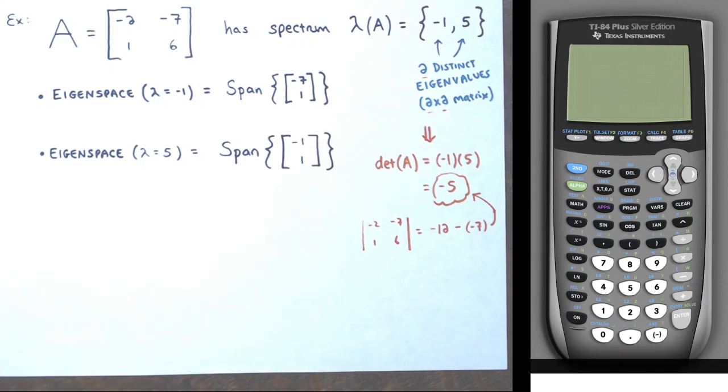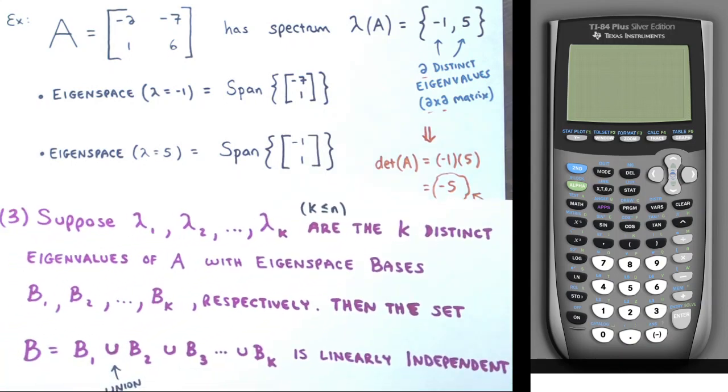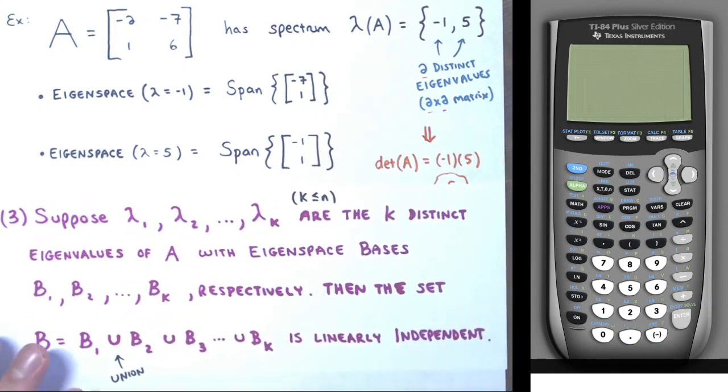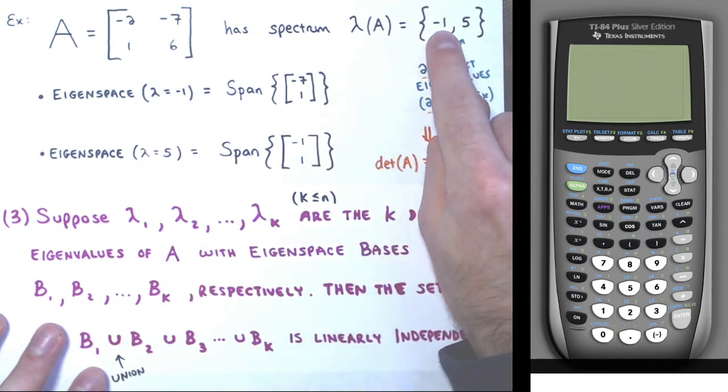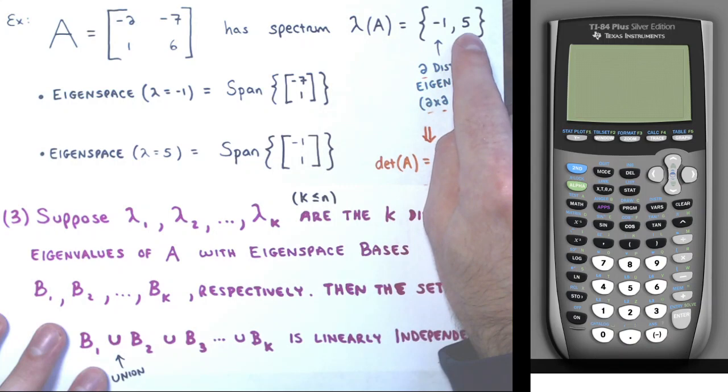Now the third statement has to do with the eigenspaces, right? Remember the third statement I have here. Suppose this is lambda 1, -1, and this is, say, lambda 2, the positive 5.